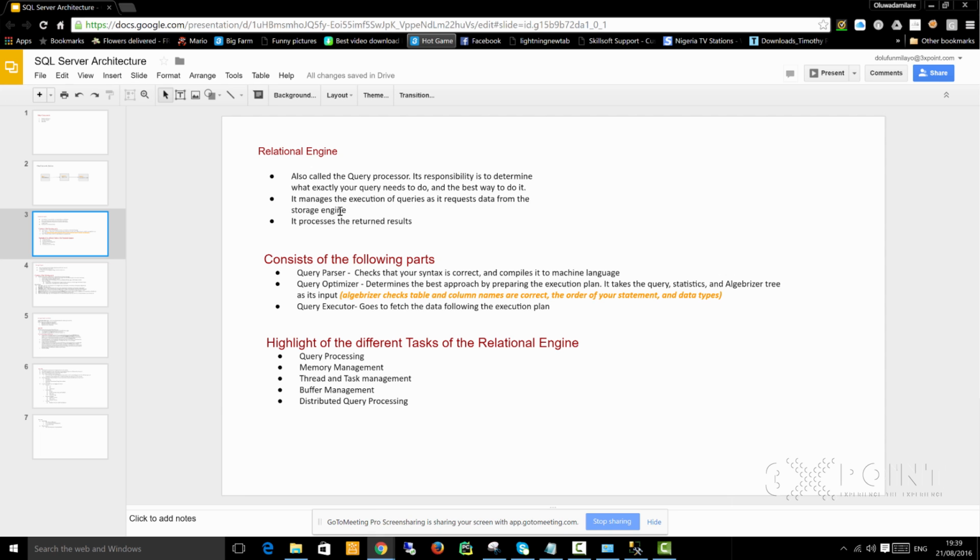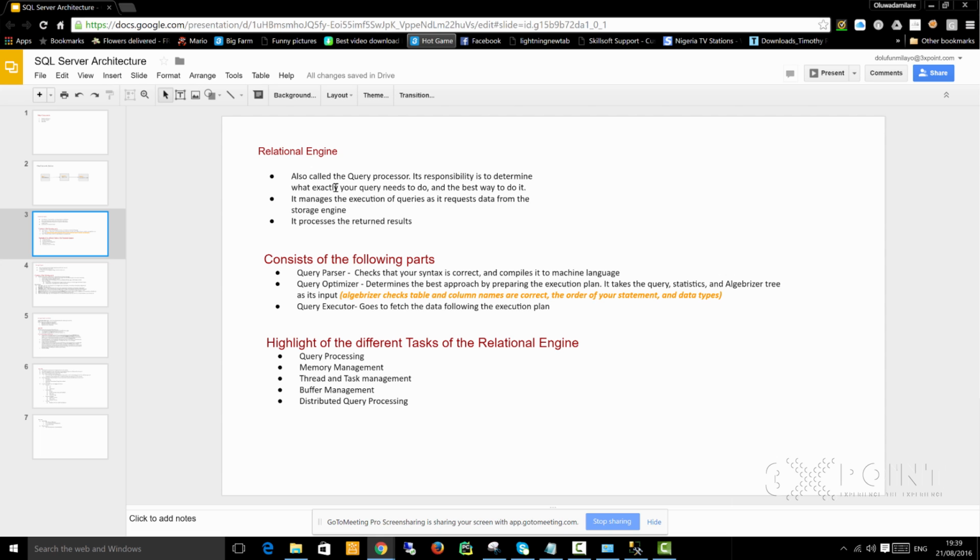And it's also called the relational engine because SQL Server is a relational database management system. All right, so the engine that makes it work to do its relational job is called the relational engine.